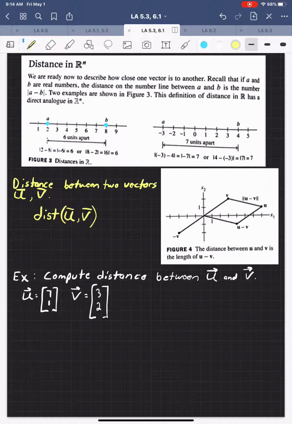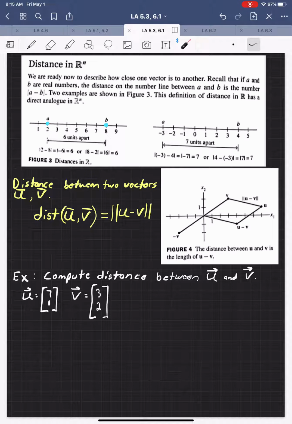And the good news is we don't have to have a distance formula, even though we could definitely go back and revisit the distance formula and show how intuitively it makes sense in higher dimensions as well. It's really just a matter of saying what is the magnitude of u minus v. Again, that's going to be an absolute value and a positive number.